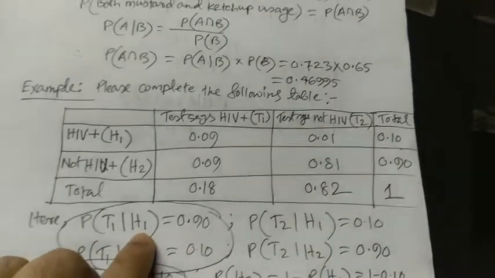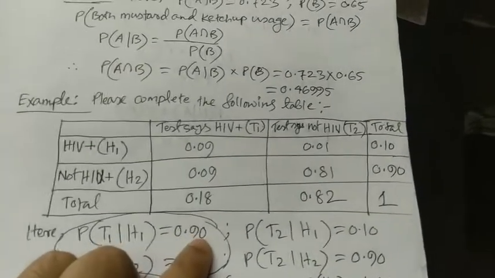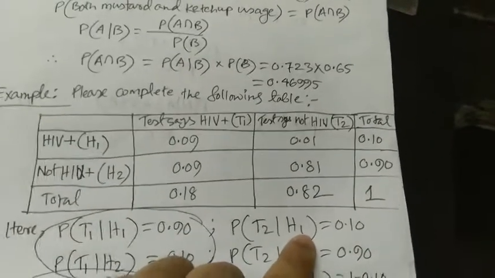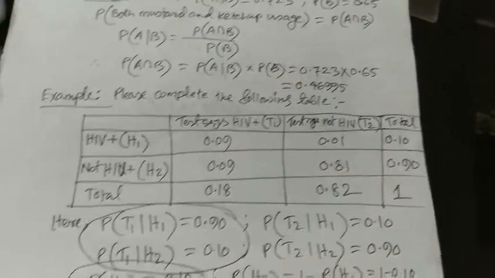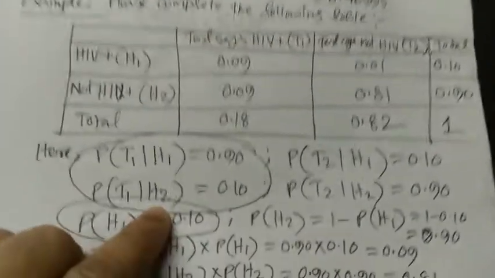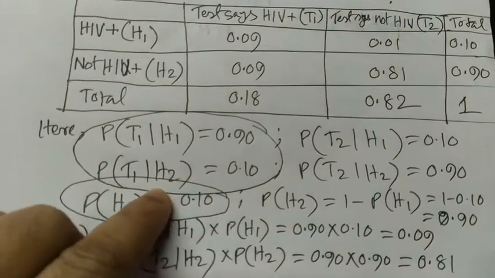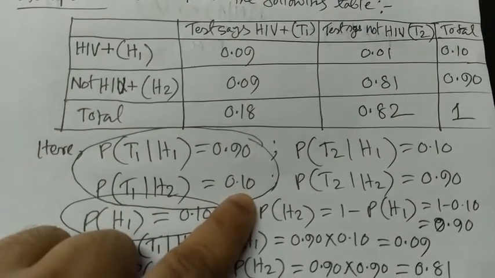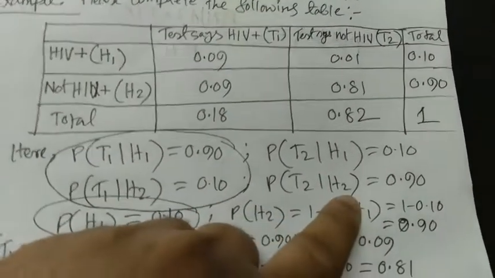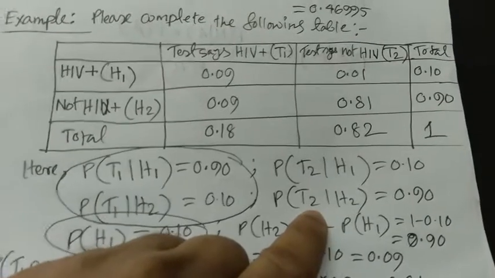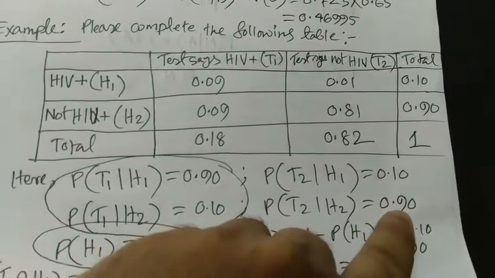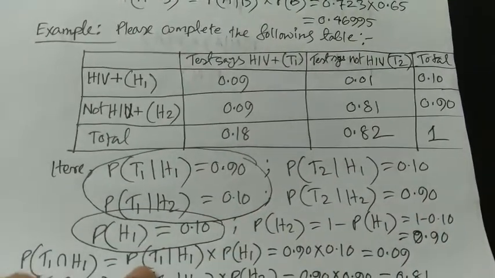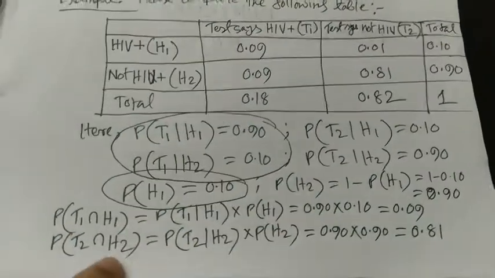Out of H1, T1 is 0.90, so T2 is only left, so T2 should be 0.10. Out of H2, T1 is 0.10, so only T2 is left, and this one should be 0.90 because total probability is 1. This one has been explained already.